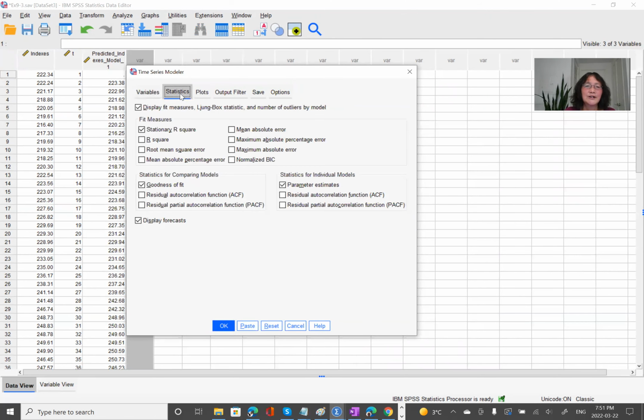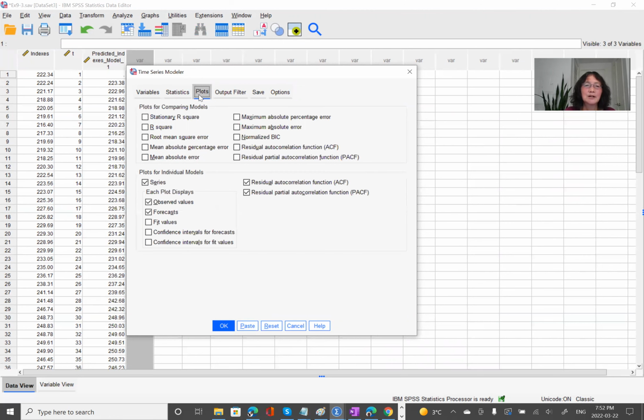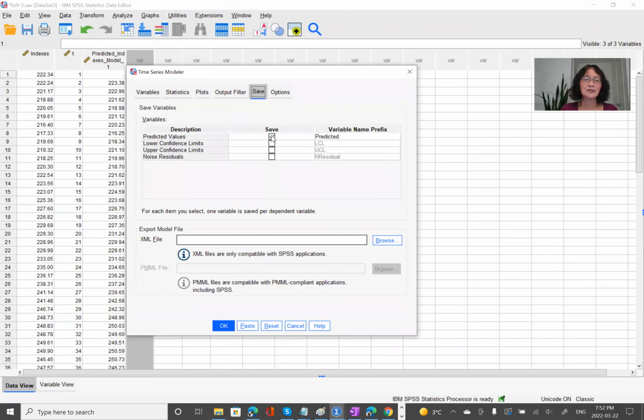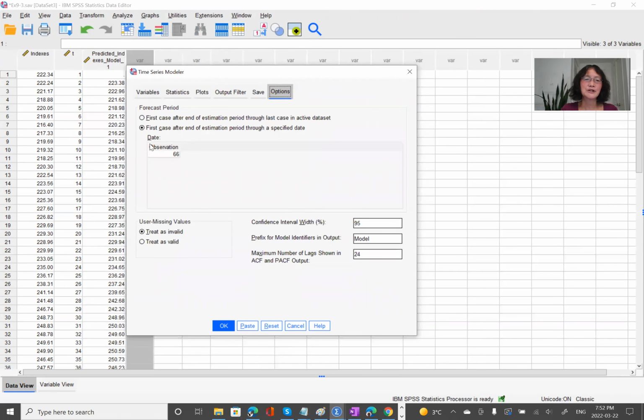And then Statistics. Make sure to check parameter estimates. Display forecast. Plot residual autocorrelation functions and residual partial autocorrelation. Save forecast value. Options: forecast for 66.